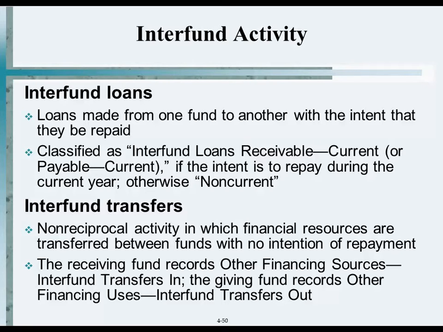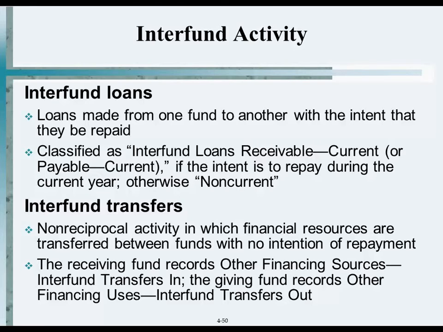And in financial statements, you have to clarify whether it's an interfund loan or an interfund transfer. Sometimes a government might want to set up an internal service fund. But how do they go about setting this up if there's no money? So the government does what? Loans the internal service fund some money to buy stuff. So that becomes what? An interfund loan.